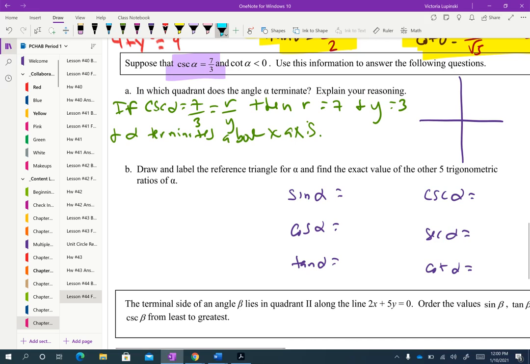The only 2 quadrants where the y's are positive are either going to be 1 or 2.